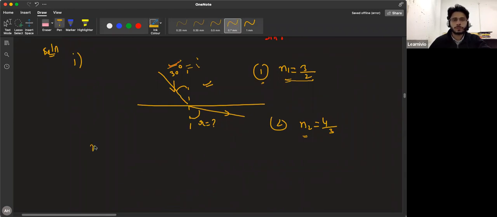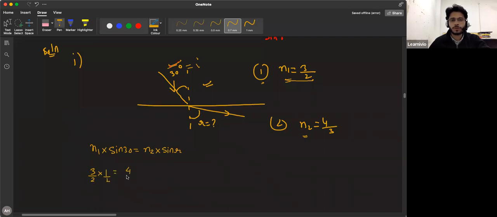See, this is N1 multiplied by sine 30 is equal to N2 multiplied by sine R. How much is N1? N1 is 3 by 2. How much is sine 30? It's half. How much is N2?